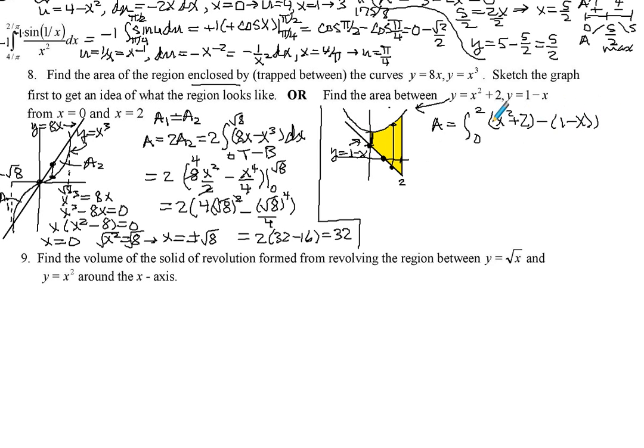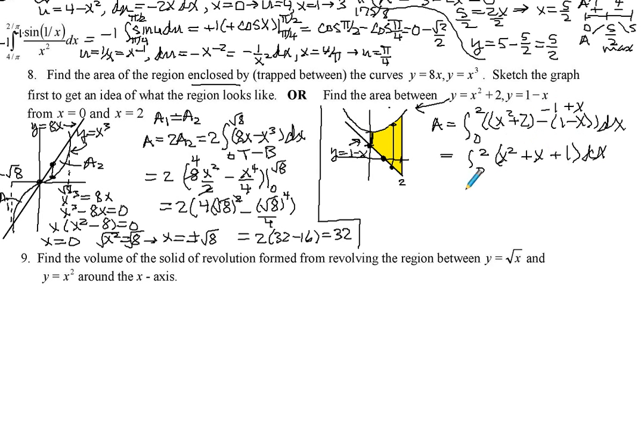Make sure you put those parentheses in there because you're subtracting off that whole function. So now let's simplify, take out our parentheses here. So this is going to be negative 1 and a positive x. So this will be x squared plus x, positive 2 and negative 1, plus 1.